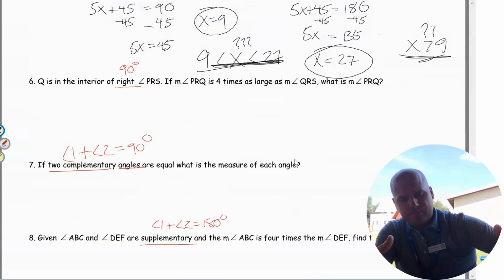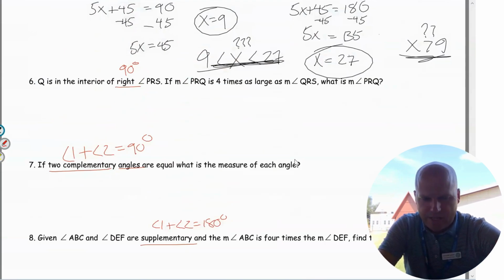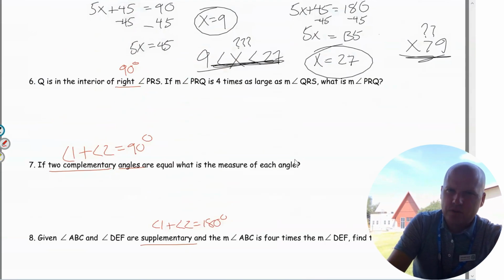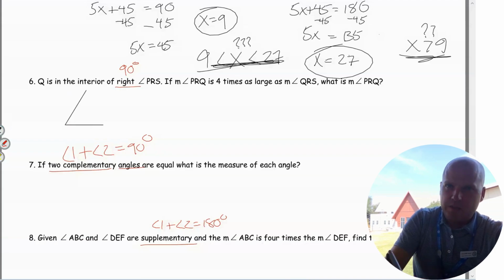Okay, same thing. You could probably guess, figure this out. Maybe let's set up an equation and solve. Q is an interior of PRS. I'm going to draw a picture. Here's PRS, and PRS is right.